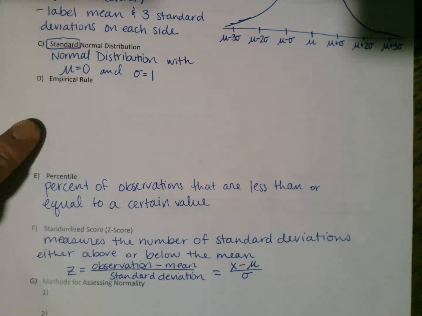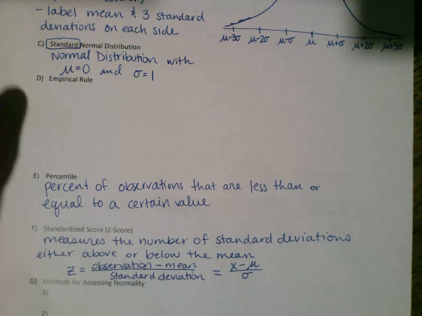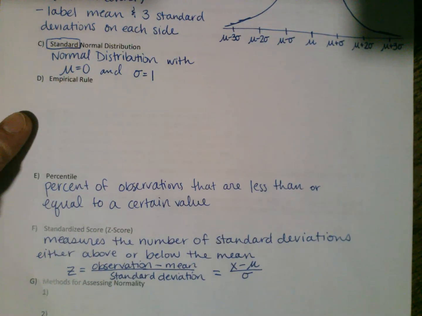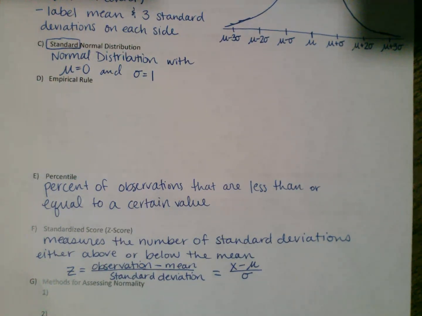Most of what we're going to talk about today focuses on the empirical rule. The empirical rule is actually kind of a shortcut. So what the empirical rule tells us is the probabilities if we land on an exact standard deviation value. Okay?